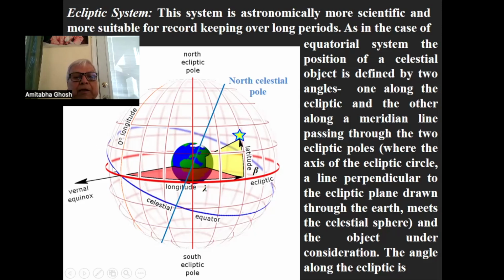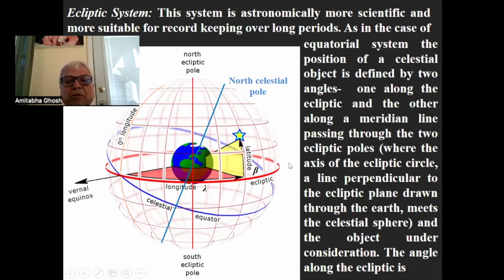But the ecliptic, which is the projection of the ecliptic plane onto the celestial sphere, is where the Sun is always, and all the planets are mostly around it, not very far away, because it represents the orbital plane of most of the planets, slightly tilted. That's why they're not exactly on the ecliptic, but it changes slightly.